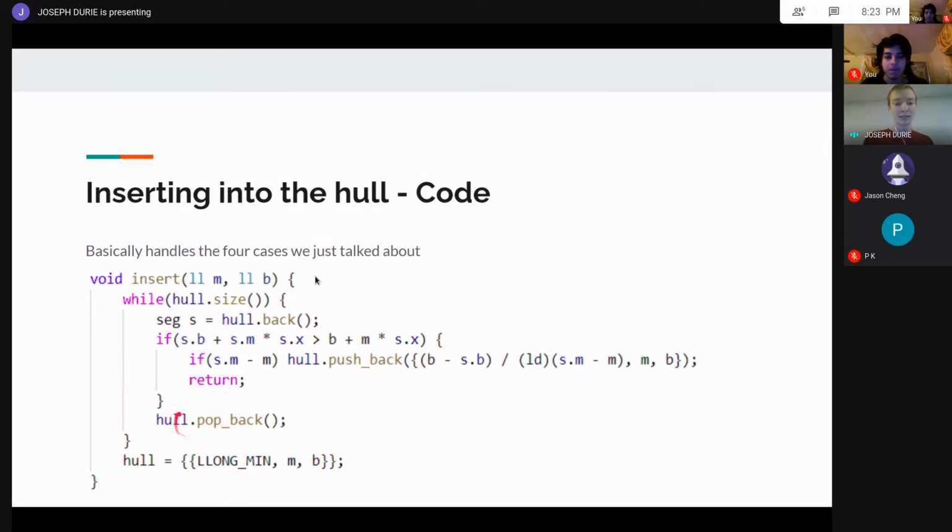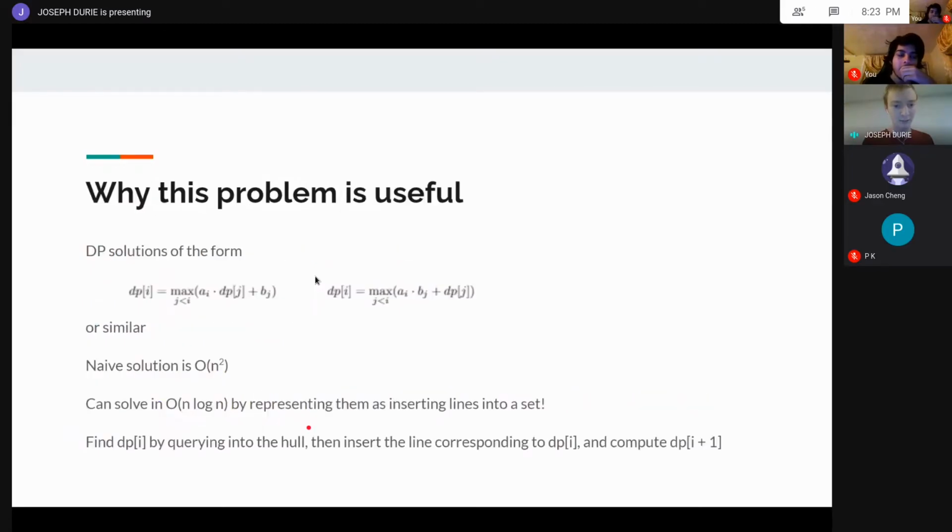So the total complexity over all of our insertions is O of n. Dividing that by n, we get on average constant time per insertion, which is nice. So insertions are constant time, queries are log time, which is why we can reduce this to n log n, because we're doing n insertions and n queries. The queries dominate, so we get n log n complexity.